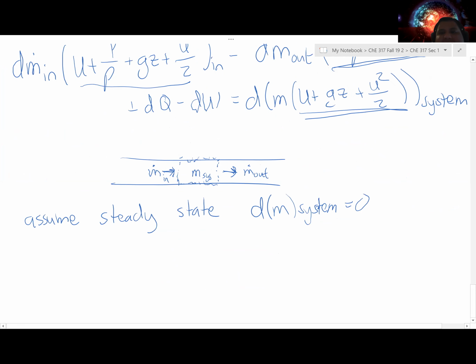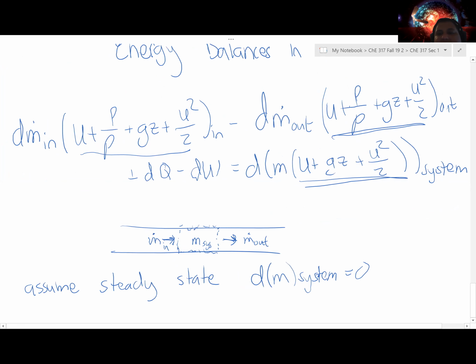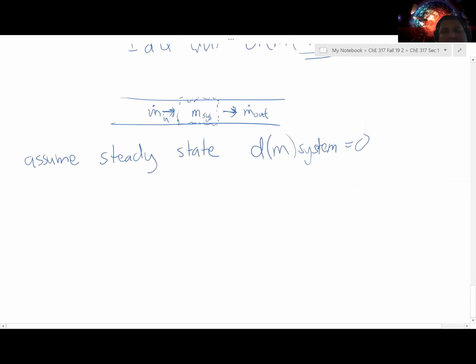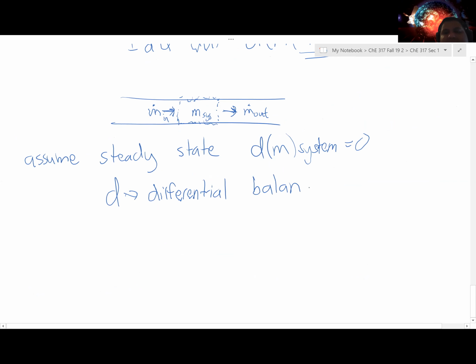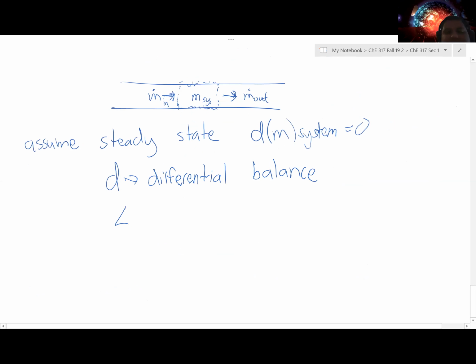And the whole right-hand side of this expression goes to 0. Also, instead of considering a differential balance, I can analyze this in terms of what I would call a delta, or an analysis between two states.